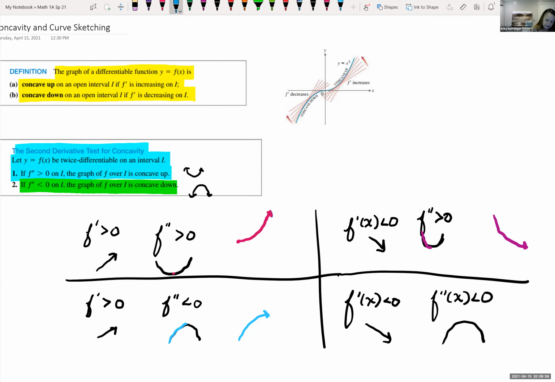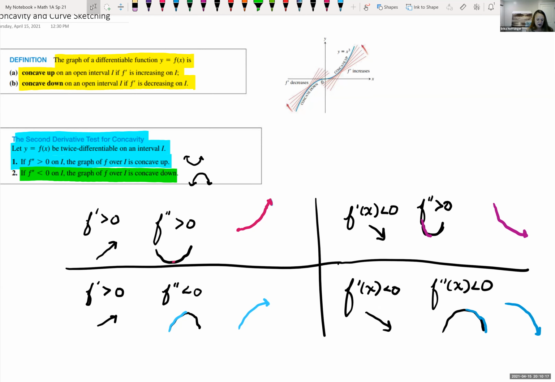And so that piece of the parabola is going to look like this. Okay, so the concavity is going to give us basically more of the shape of what's going on when we start graphing these in a few moments.